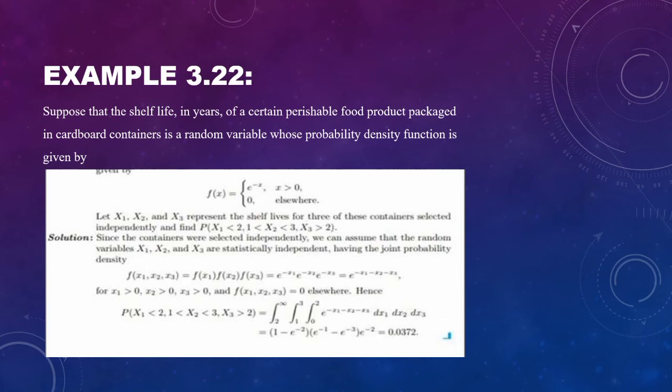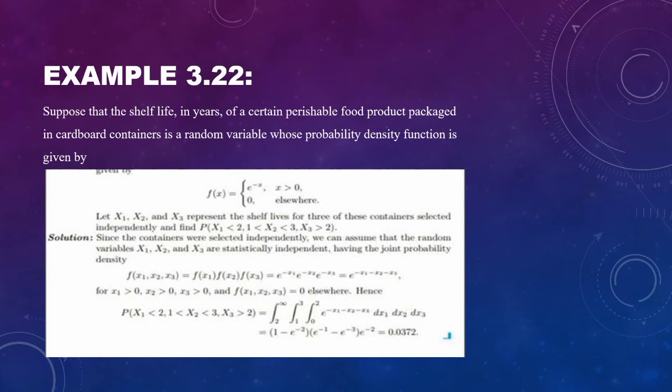Let x sub 1, x sub 2, and x sub 3 represent the shelf lives for 3 of these containers selected independently, and find P of x sub 1 is less than 2, x sub 2 is greater than 1 and less than 3, x sub 3 is greater than 2.